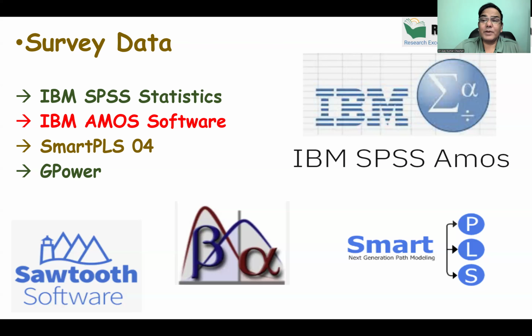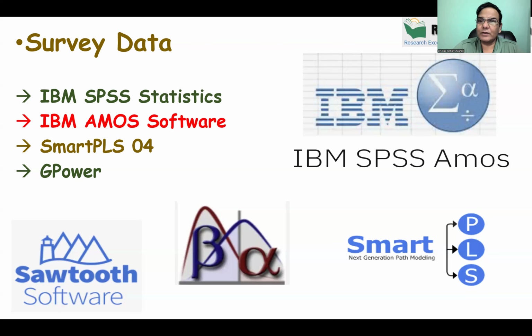Then SmartPLS is growing very fast. It is very costly software. The one month fee is 2600. But it is growing very fast. So SmartPLS is one of the softwares used for doing structural equation modeling on survey data.